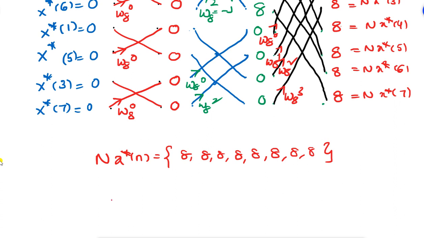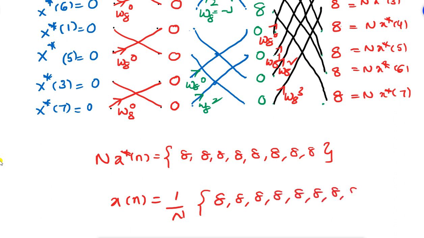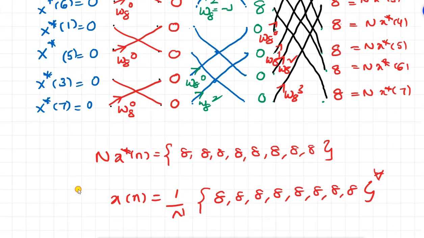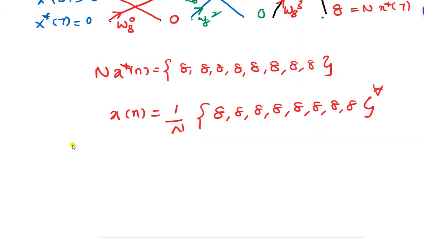So we need x of n. For that, what should we do? We should apply conjugate to this sequence, and then divide by n, that is multiply by 1 by n. So 8, 8, 8, 8 conjugate. In this problem there are no complex terms; it consists of real terms only.